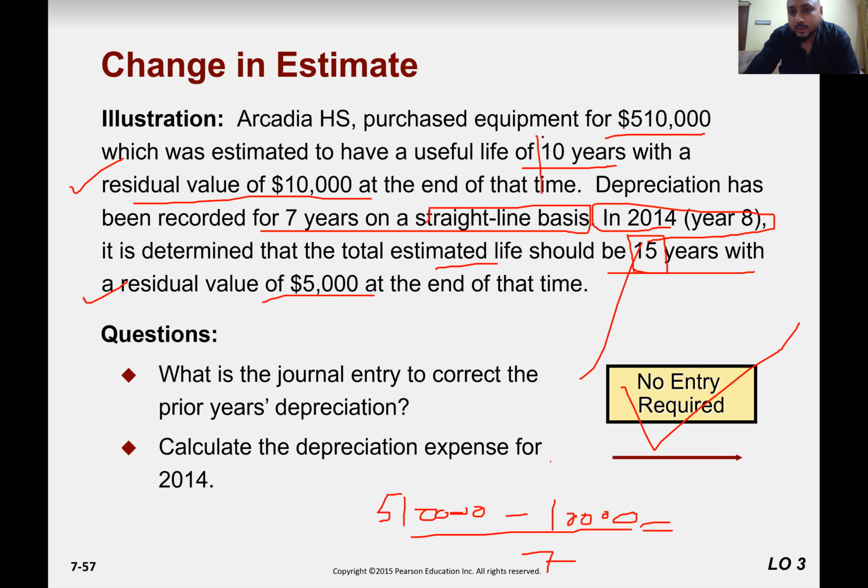My mistake, here 10 years. This life is 10 years, sorry. So which means 50K per year. How many years has passed? 7 years has passed. Right, 7 years has passed. So multiply by 7, answer gonna be 350K, 350,000.